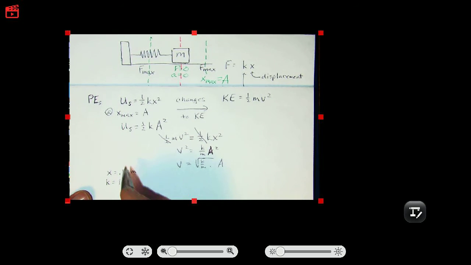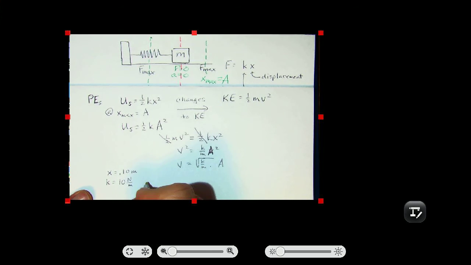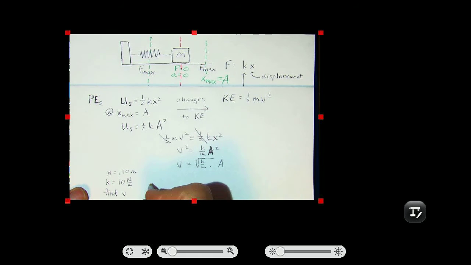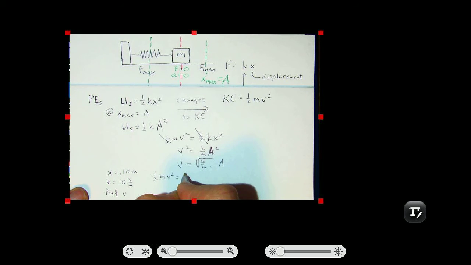I pull it back 10 centimeters, I release it, and I want to find the velocity when it reaches our equilibrium position. 1/2 mv squared is equal to 1/2 kx squared.